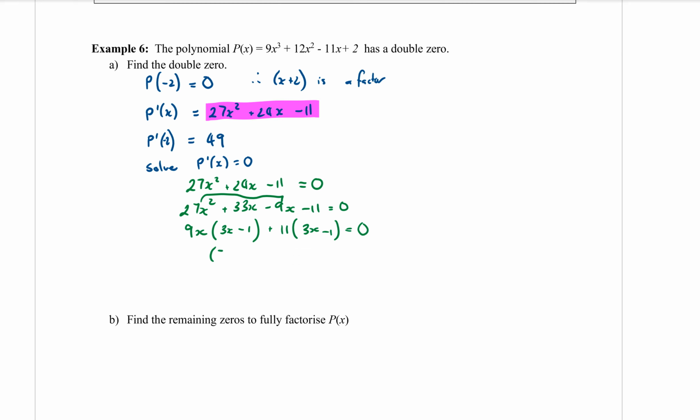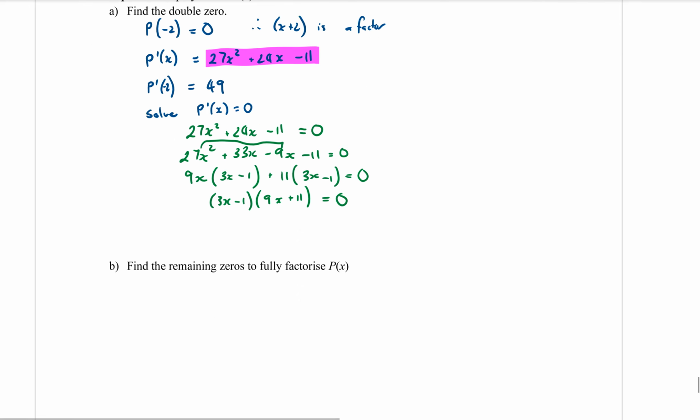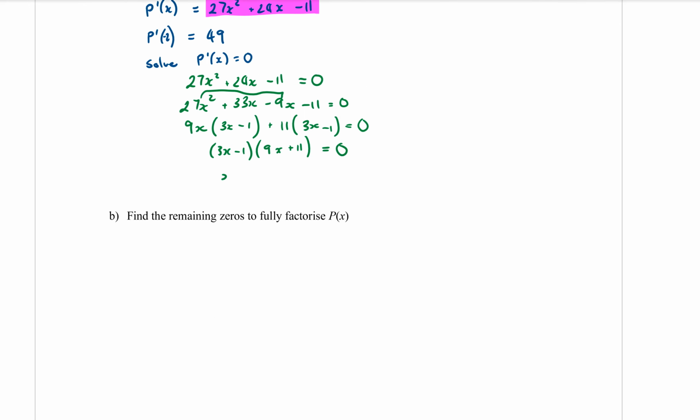Then I can bring the 3x minus 1 out the front to be 9x plus 11 in the second bracket equals to 0. So from the first bracket, I get x is equal to a third. And from the second bracket, I get 9x equals minus 11, or x is equal to minus 11 over 9.